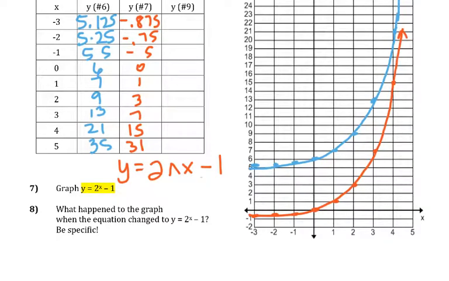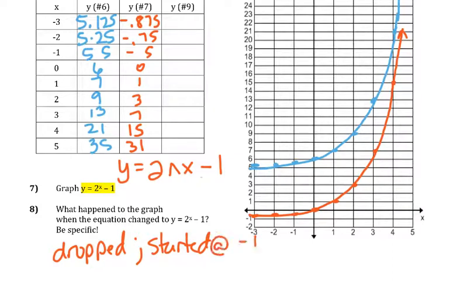And so that's how that's going to work. So again, if I just took that red graph and lifted it up 6 units, then it's going to be where the blue graph is. And so what happened when I changed it to 2 to the x minus 1? Basically, it dropped. It started lower.